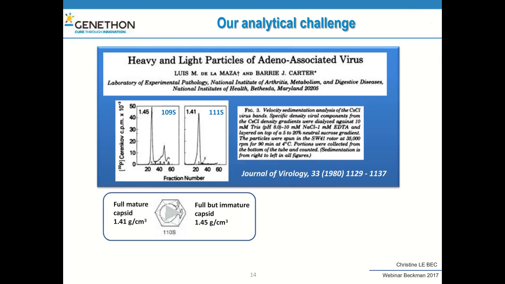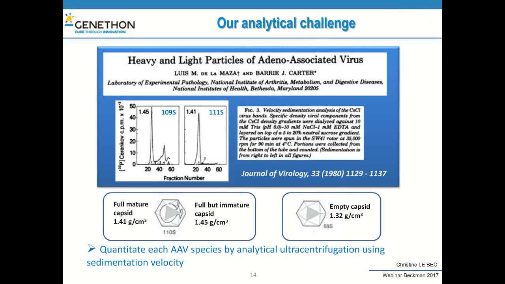In these publications, they present the full particles with an S value around 110, and the empty particles at a different density, with an S value around 66 S. So from this paper, we tried to apply the AUC to get an AAV profile of the full and empty particles.